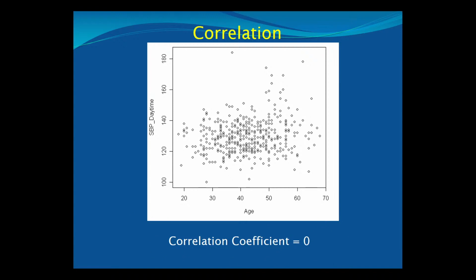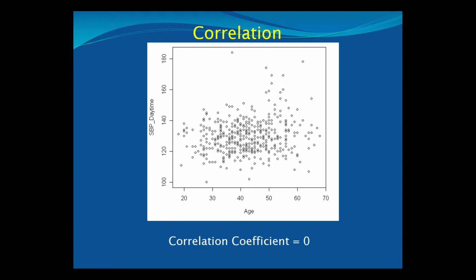Look at this scatter plot graph and look at the correlation coefficient. If we get a correlation coefficient equal to 0, this means that there is no association between age and systolic blood pressure. And due to the graph, we can make our conclusion.